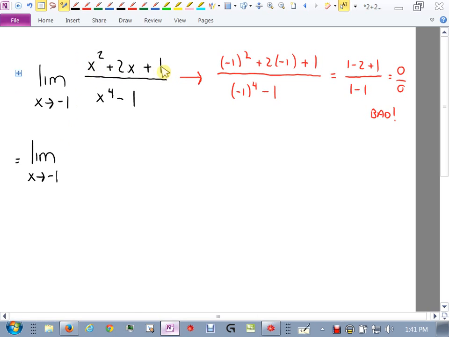How about the numerator? Can you do anything with that? You can factor, is it a trinomial? Yes? What would it factor to be? x plus 1 times x plus 1 again? You could put x plus 1 squared, couldn't you? Is that right? What about the bottom?